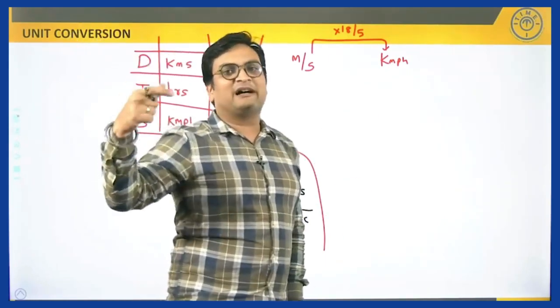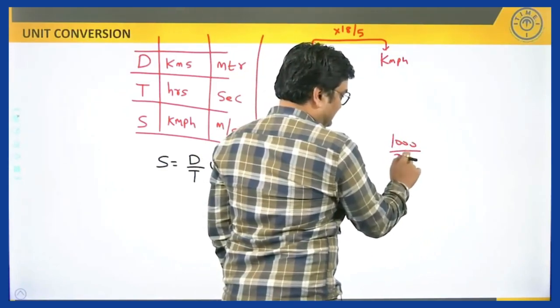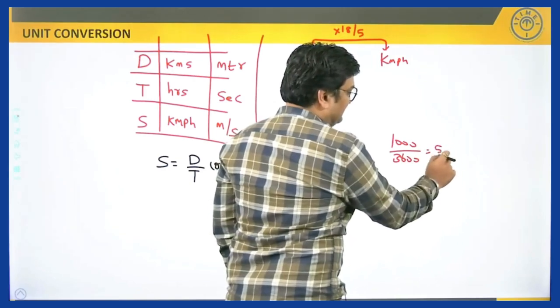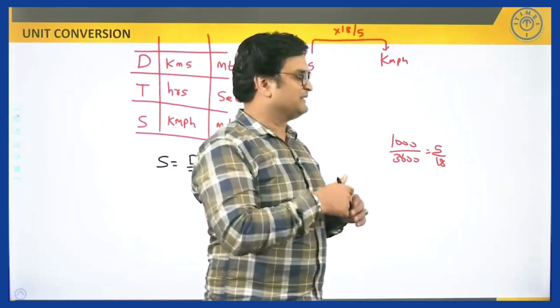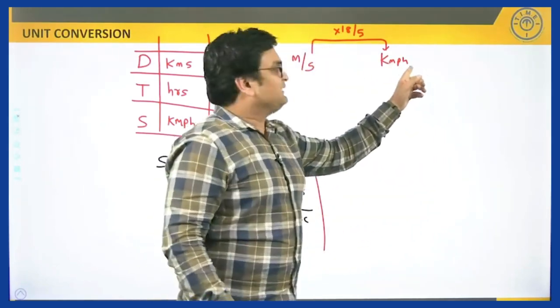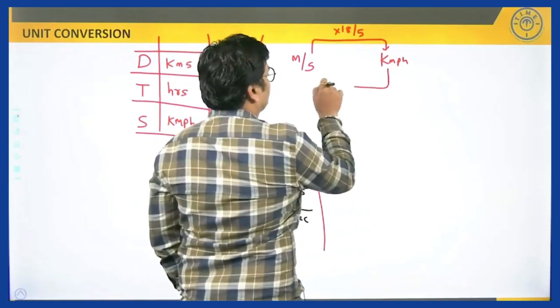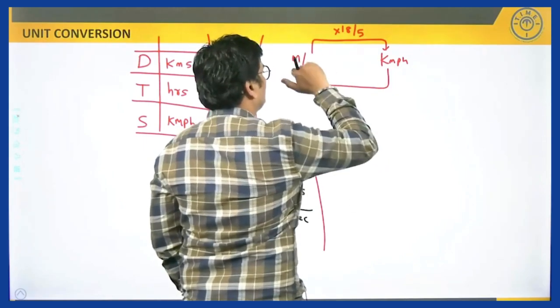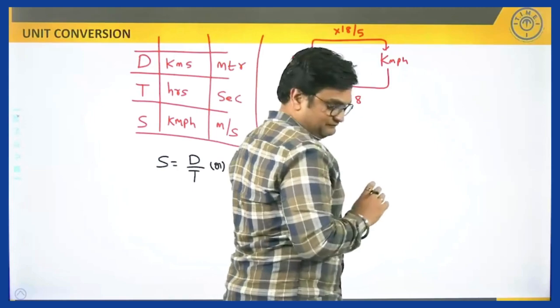So kilometer per hour will give you 1000 by 3600, which is nothing but 5 by 18. And when you cross multiply this 5 by 18, it will become 18 by 5. So it's better we simply remember that for meters per second to kilometers per hour, the factor should be 18 by 5. And if you want to do the reverse conversion, kmph to meters per second, the factor should be 5 upon 18.